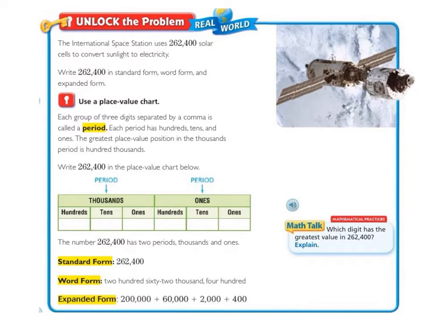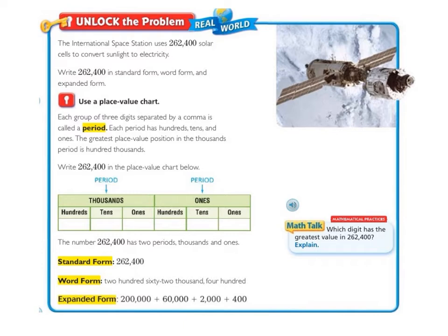Alright, we are in your math book pages now, looking at the Unlock the Problem. This Unlock the Problem is going to have us looking at how we read and write numbers. Let's read it together. It says, the International Space Station uses 262,400 solar cells to convert sunlight into electricity.